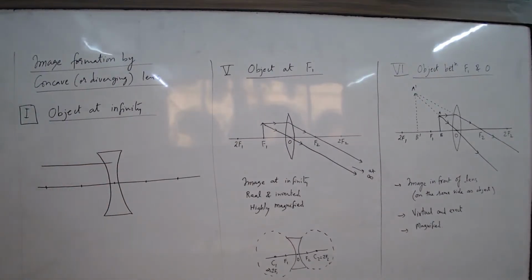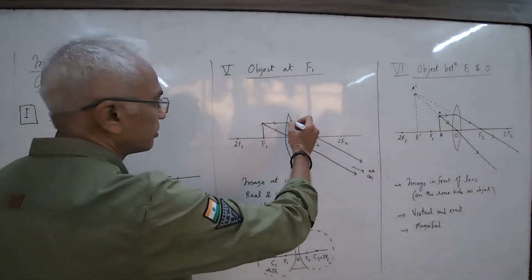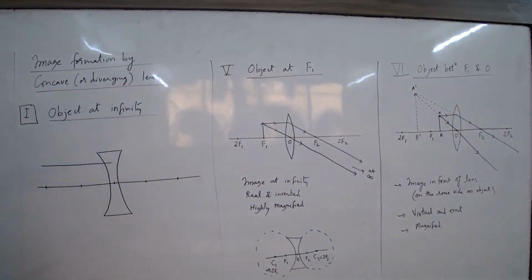Now what should happen in this case? In the case of a convex lens, every parallel ray passes through focus. What will happen in this case?